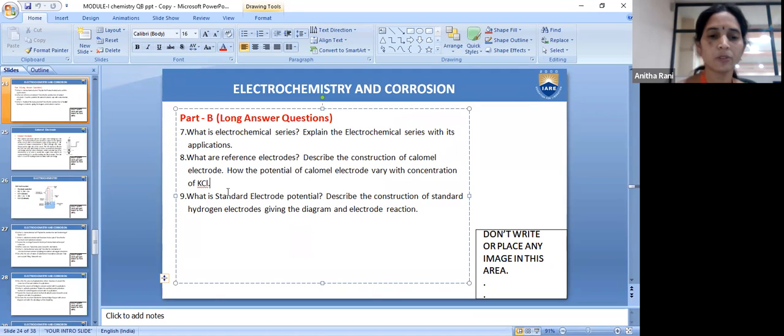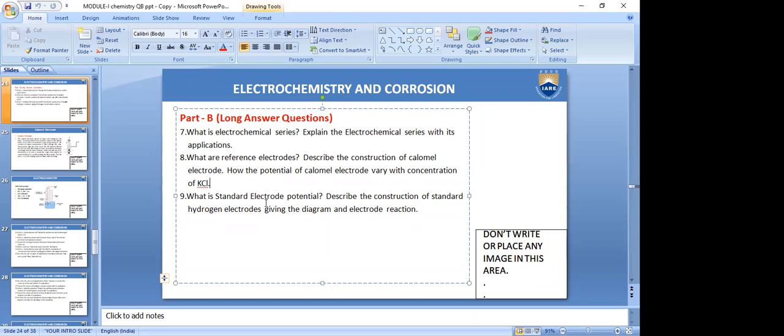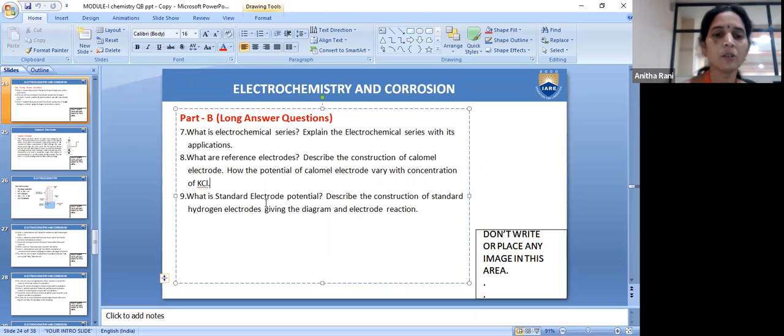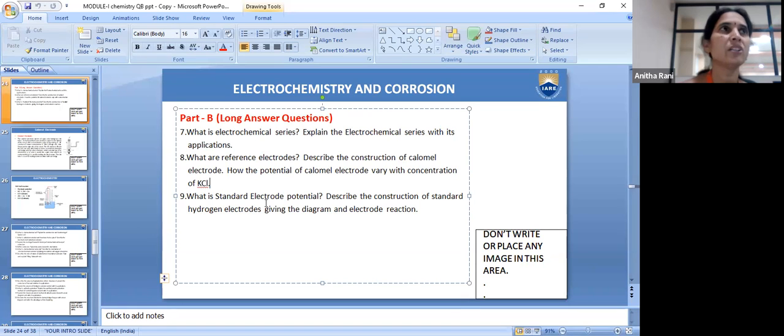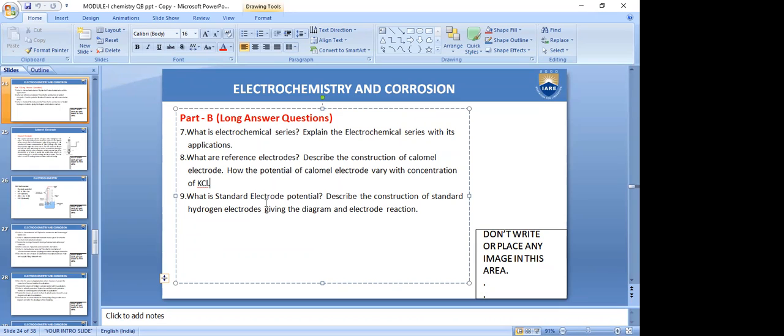0.24. Okay. Students, what is standard electrode potential? The potential between the electrode and its electrolyte under standard conditions. Temperature is 298 K, that is 25 degrees centigrade.